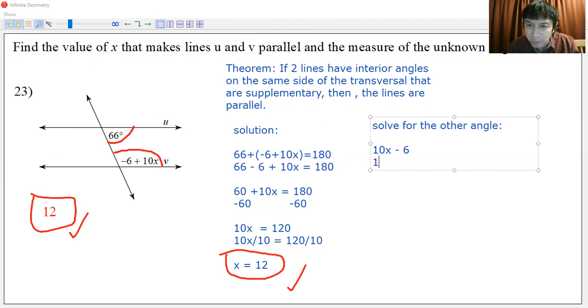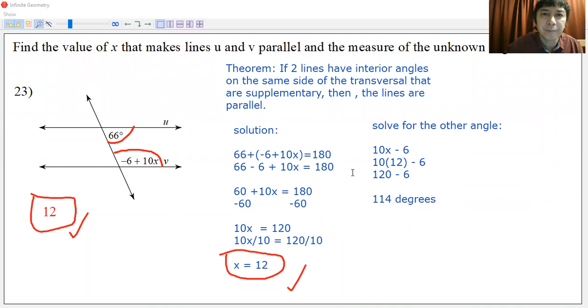So 10x means 10 times our x, 10 times 12 minus the 6. And we have 120 minus the 6. How much is that? 114 degrees there. That's our answer.